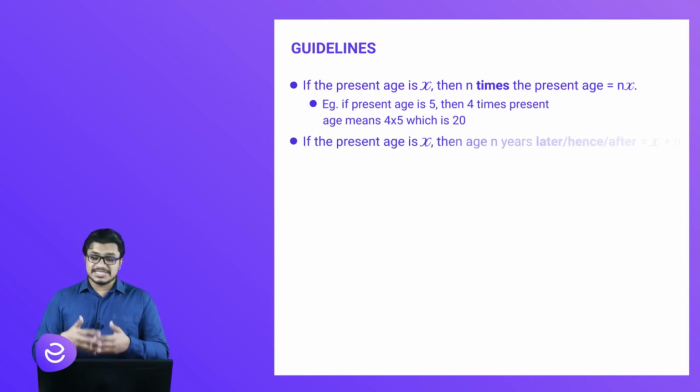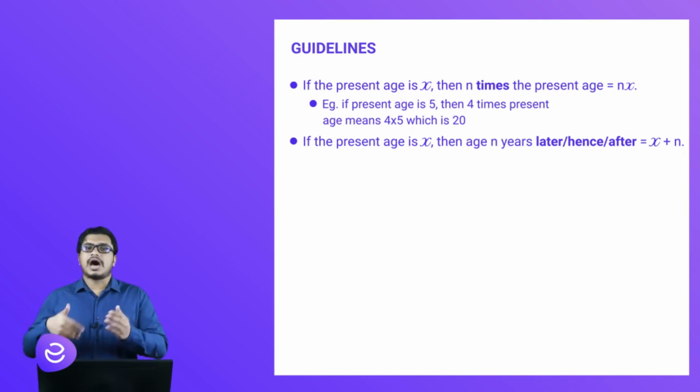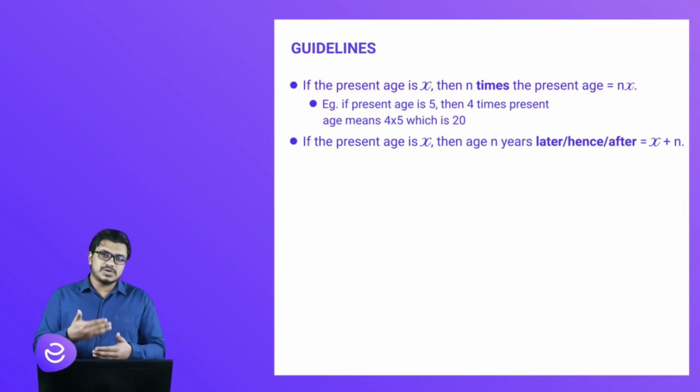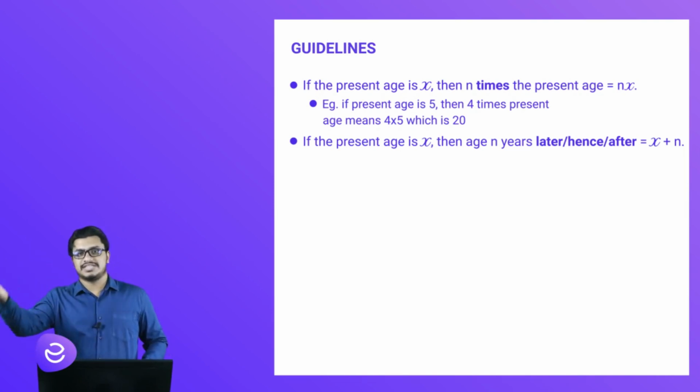Now if the present age is x, the age n years later, n years hence, n years after, the question might say 3 years later, after 5 years, or 2 years hence. Hence, later, after, all these mean addition.